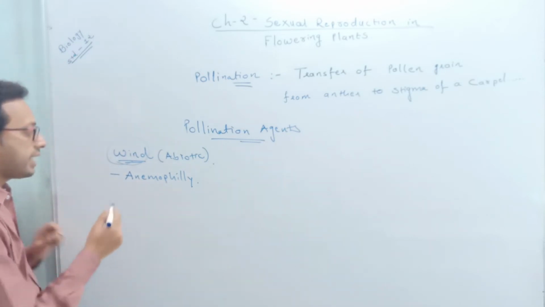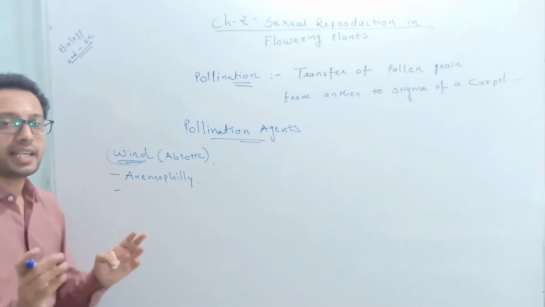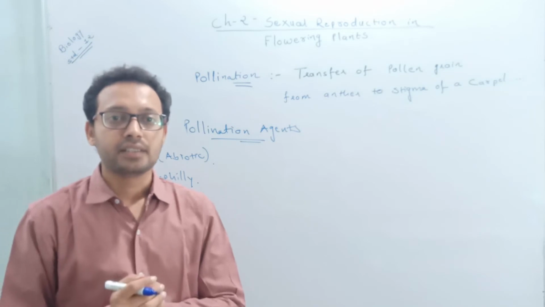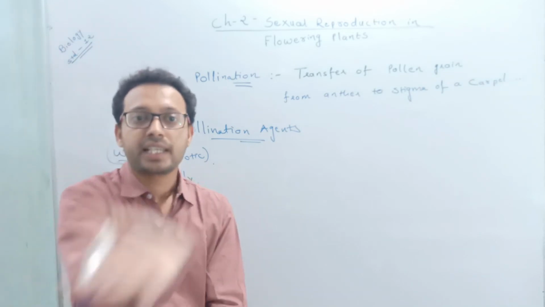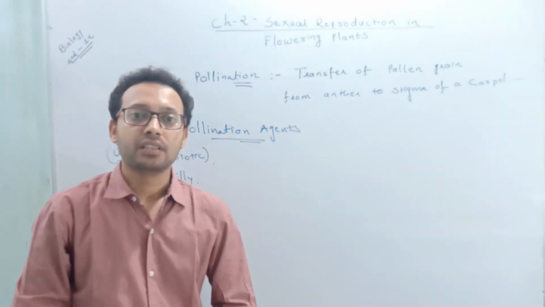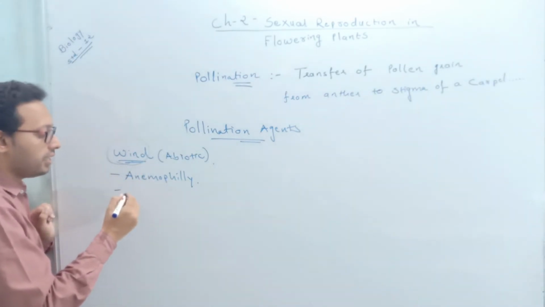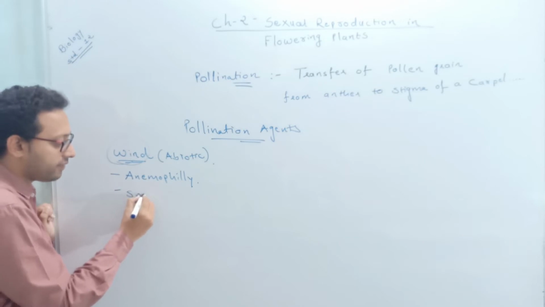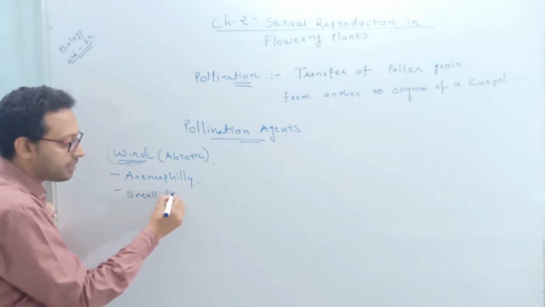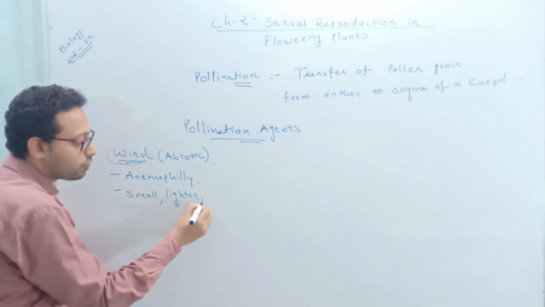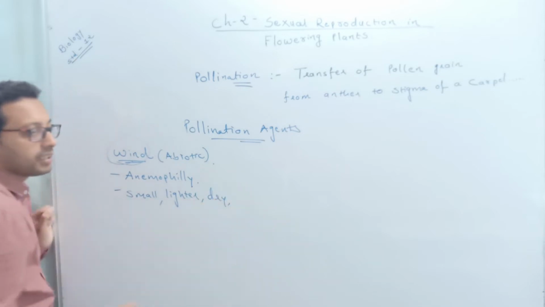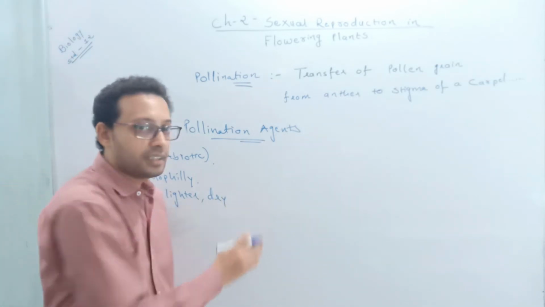Now, to transfer with the help of wind, there are certain characteristics a plant needs. Here the pollen grain is carried away by wind. So the pollen grain in such a plant, in anemophily, should be small enough, lighter in weight, dry, and non-sticky.